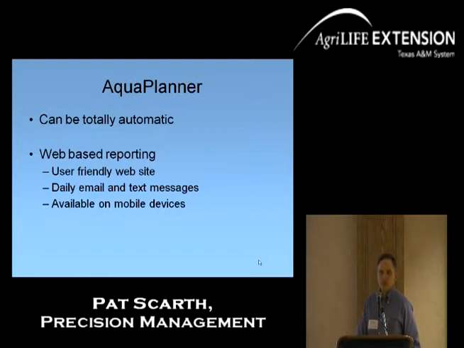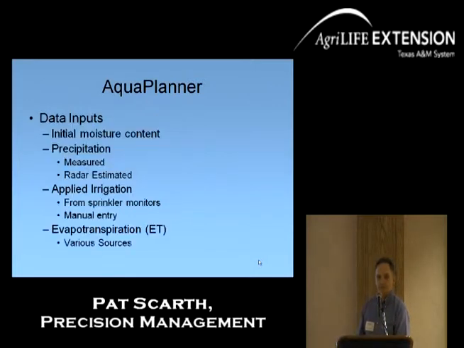And it's web-based reporting. Hopefully we've got a user-friendly website, and we also send out daily emails and text messages, and we've also formatted it so it's available on our smartphones.